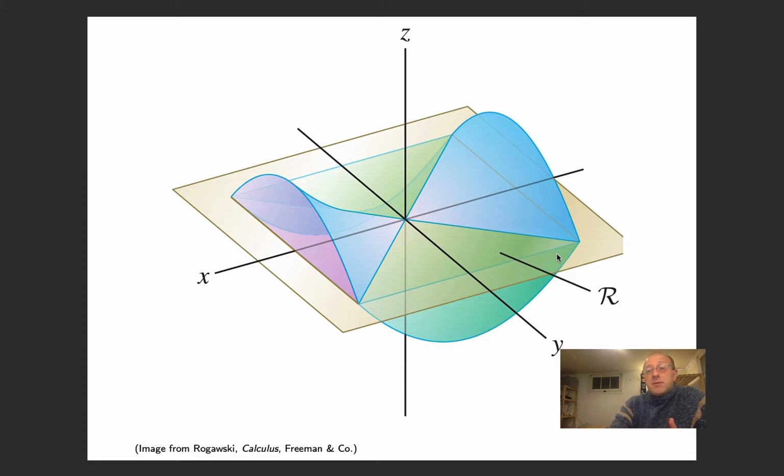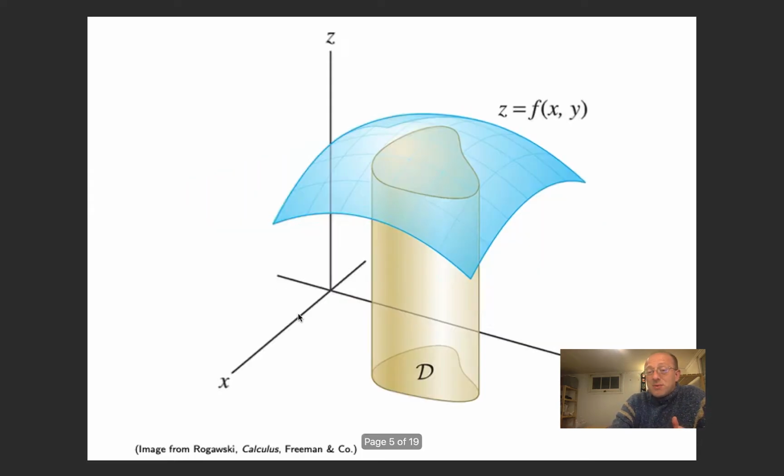In this figure, by the way, the domain is again a rectangle. See the four sides here. And we can look at domains that aren't rectangles. Like in this figure, we could have a domain that's a funny shape. So there's a graph of a function, but if we were integrating over this funny shaped domain, we would just take the volume contained in the funny shaped cylinder.